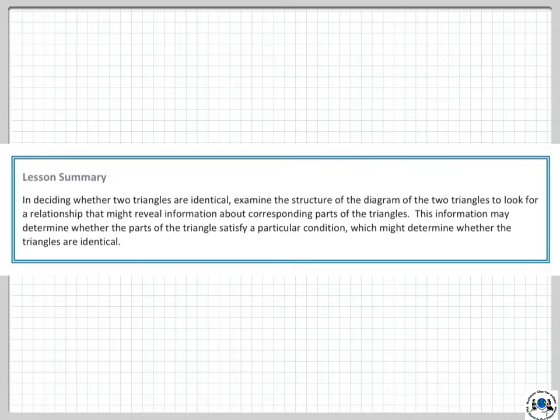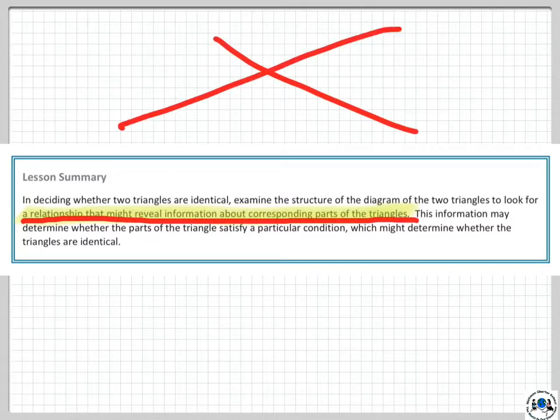In deciding whether two triangles are identical, you examine the structure of the diagram and the two triangles to look for a relationship that might reveal information about corresponding parts of the triangles. That was the huge point here in this lesson, because we had cases where vertical angles helped us out a lot.